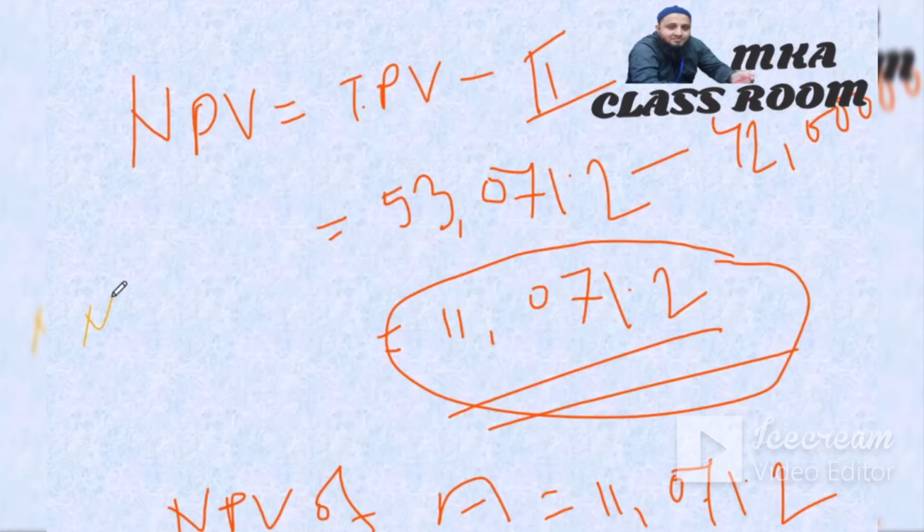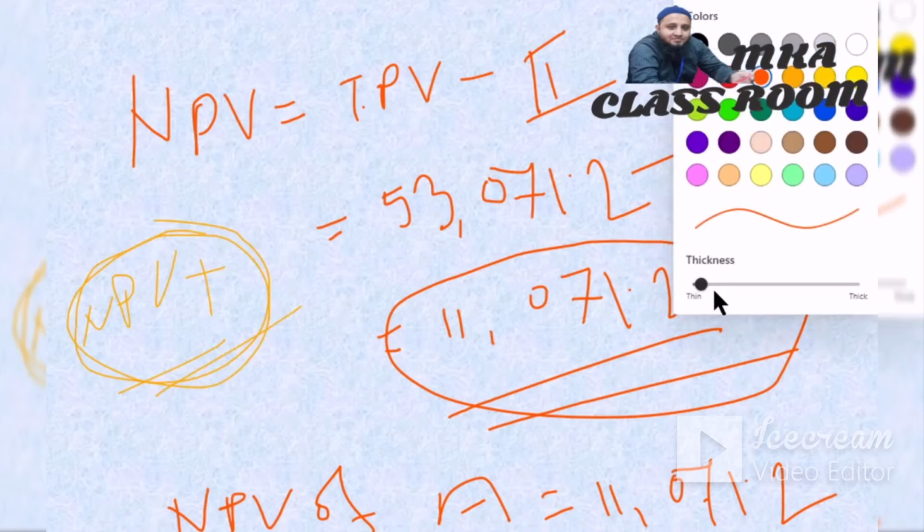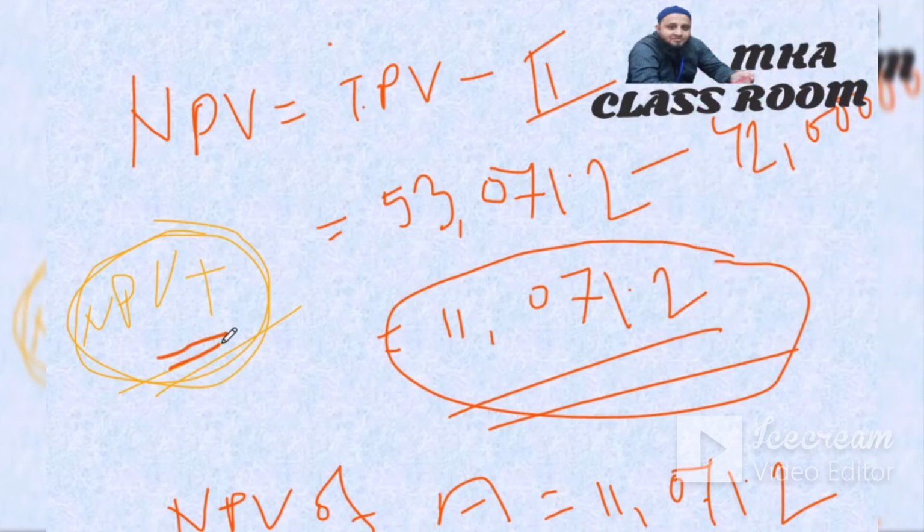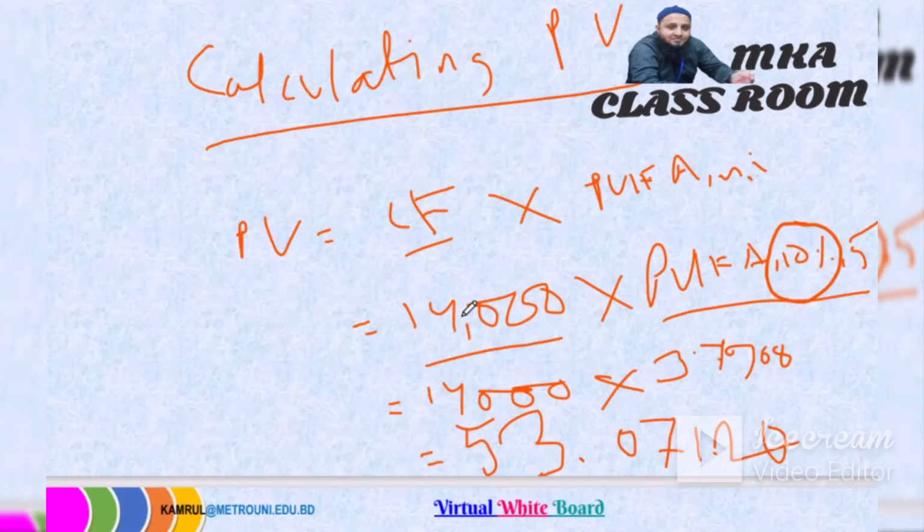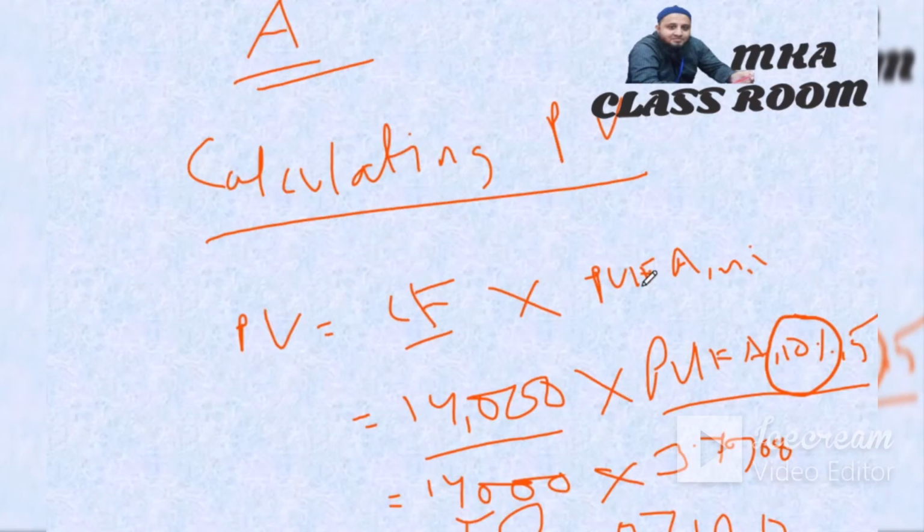Now we have to find the negative NPV. As per the guidelines, we have to increase our discount rate. Our discount rate or cost of capital is 10%, and we have to increase its value for calculating NPV.